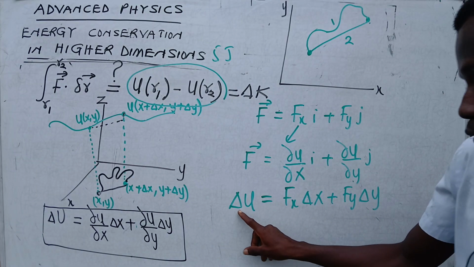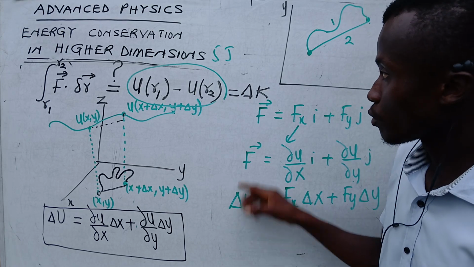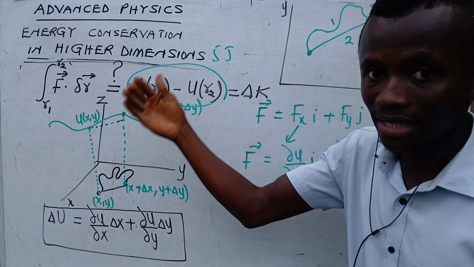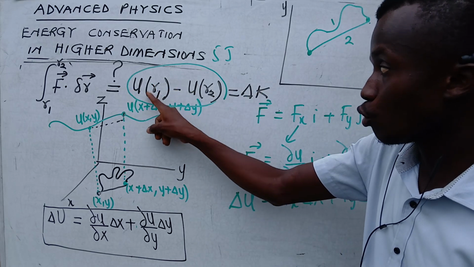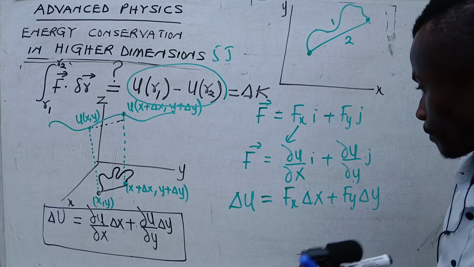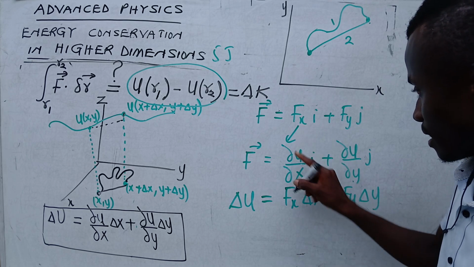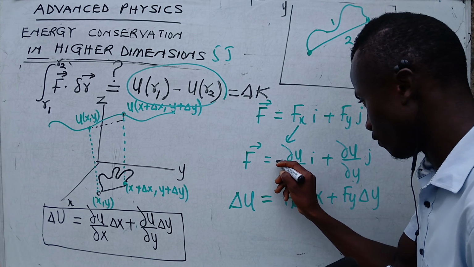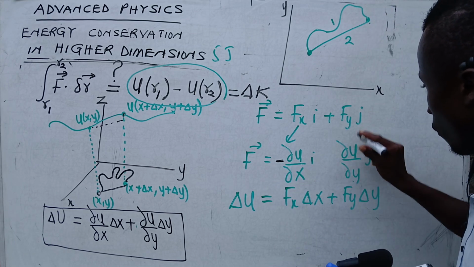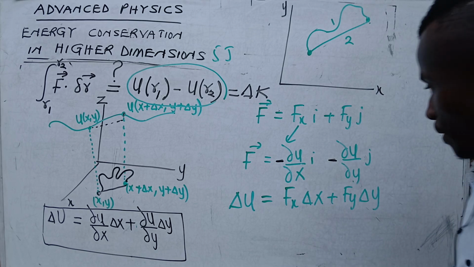Now, this delta U is U2 minus U1. But in order to restore the analogy of the law of conservation of energy in 1D, which says that it is U1 minus U2, we introduce a negative sign. And to introduce that negative sign, we define Fx as the negative partial derivative of U with respect to x, and then we define Fy as the negative partial derivative of U with respect to y.